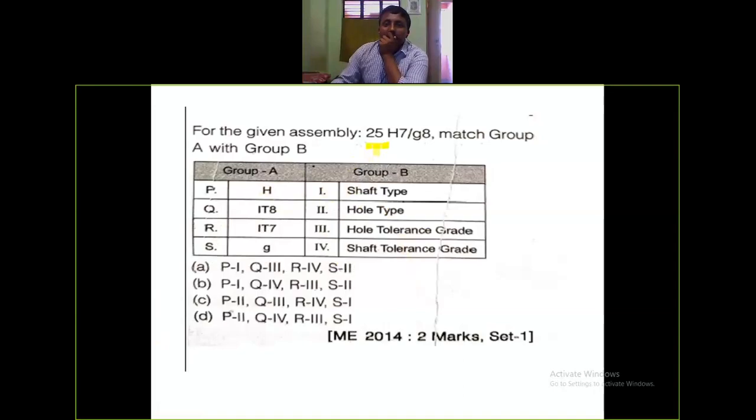For the given assembly 25 capital H7 G8, match group A with group B. Always remember, whenever you are given any assembly, the capital letter always indicates the hole type and the small letter always stands for the shaft type.